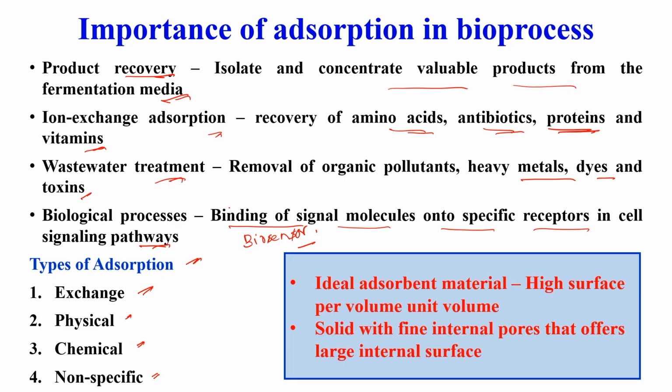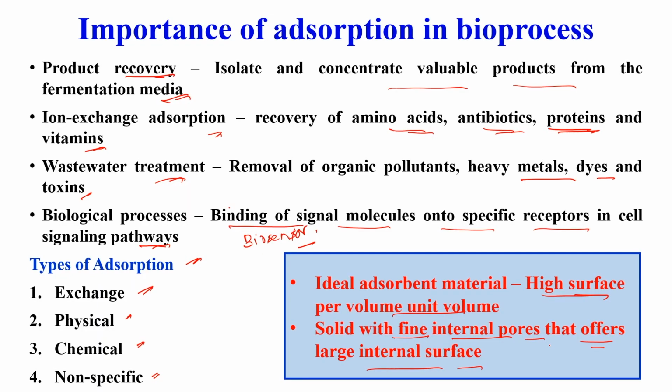So, ideal adsorbent material, it should have this high surface area per unit volume, and typically the solid with fine internal pores that offers large internal surface. So, one is outer surface area, and if it is a porous material and if the molecule needs to percolate inside, then it should have large internal surface as well.